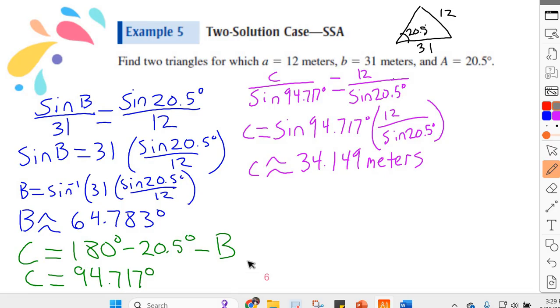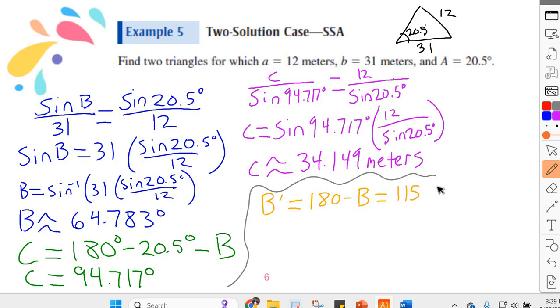Now, what should be different is, now that we want to look at our option for a second solution, okay, what do I do to figure out what my second option for B is? Correct. So I have 180 minus the original big B that we got, and we get 115.3. Agreed.